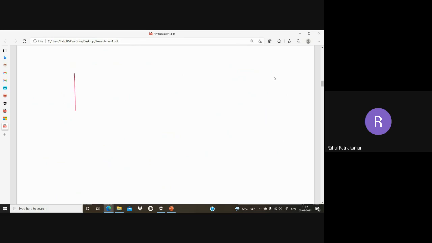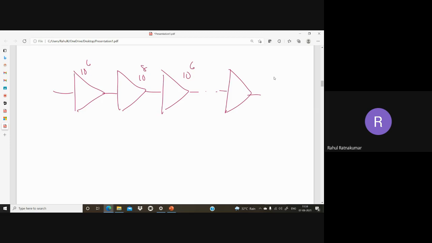But the problem here is all these amplifiers. We know amplifier gains are very high. We have a lot of big amplifiers, and this amplifier gain is 10 raised to 6, this is 10 raised to 8, this is 10 raised to 6 again, this is 10 raised to 4. Okay, so how will we calculate the net gain?